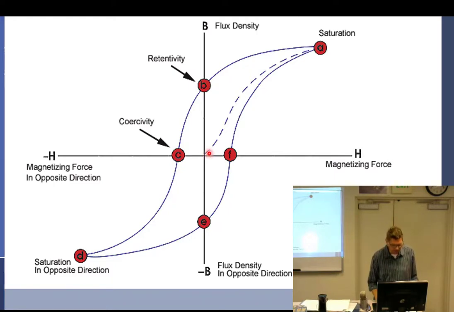If we start here in the middle, that represents zero magnetic force. The magnetizing force is applied, H plus. We apply a magnetizing force here, and this describes what's happening inside the part. The part is then magnetized to the saturation point because I've got the magnetizing force on it.